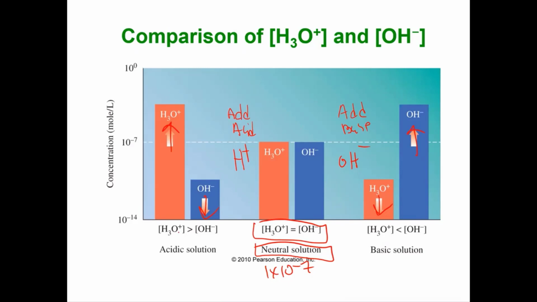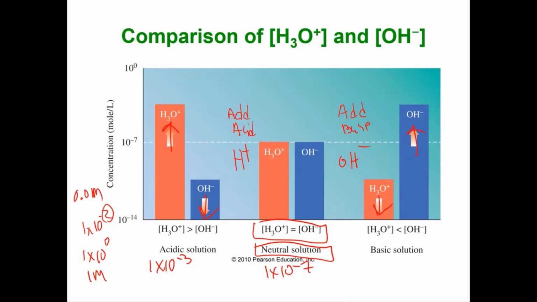If hydronium is bigger than 1 times 10 to the minus 7, maybe it's like 1 times 10 to the minus 3. Now people get confused because they go 3, that's smaller than 7. Yeah, but it's closer to 1, right? Because 1 times 10 to the 0 is just 1 molar, right? 10 to the negative 2. 2 is bigger than 0, but when it's a negative exponent, it's really saying this.